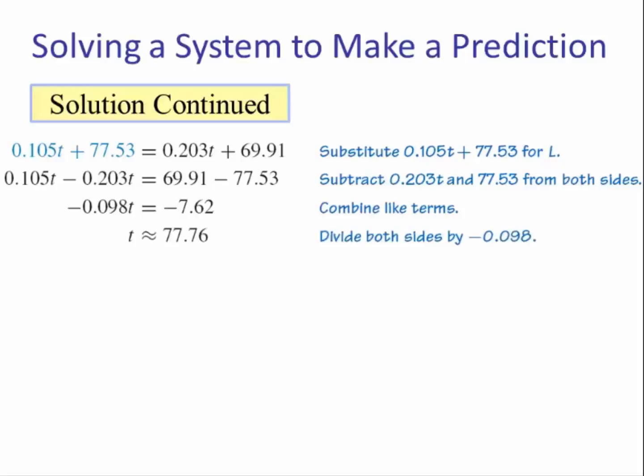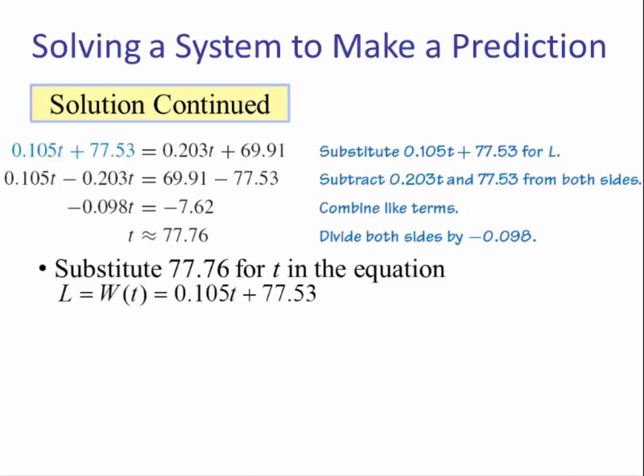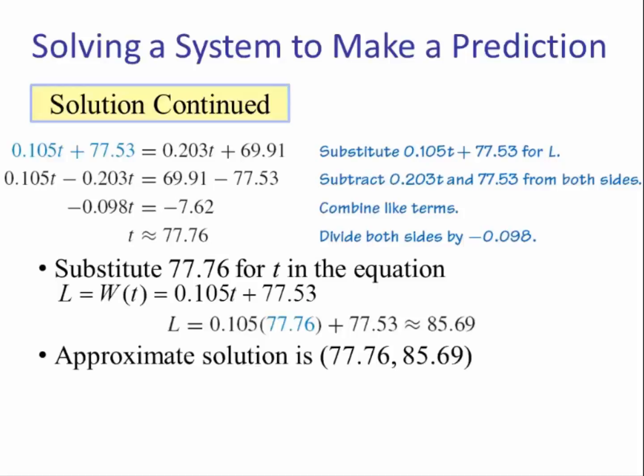Now we divide, and we see t is approximately equal to 77.76. We substitute this value in for t in the equation W of t equals 0.105 t plus 77.53, and we get a value of 85.69, rounded off. So the approximate solution is (77.76, 85.69).